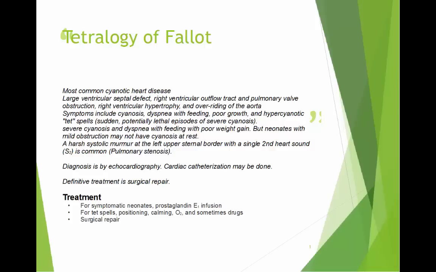There is increased catecholamine release and contractility and outflow obstruction. The symptoms, again, look at the TET spells: severe cyanosis and dyspnea with feeding and poor weight gain. Remember, TET spells may be precipitated by crying, by respiration, by anything. A severe spell may lead to seizures and occasionally death.